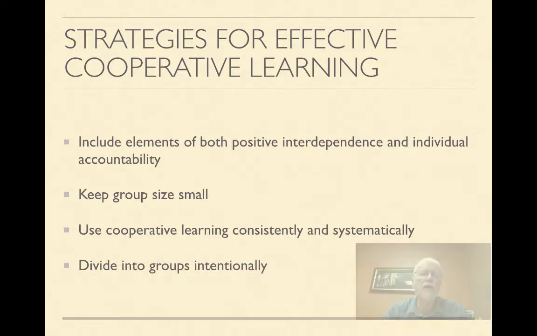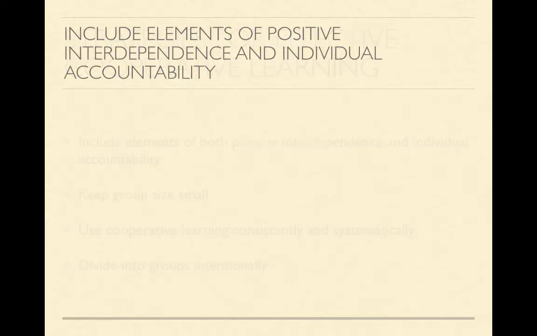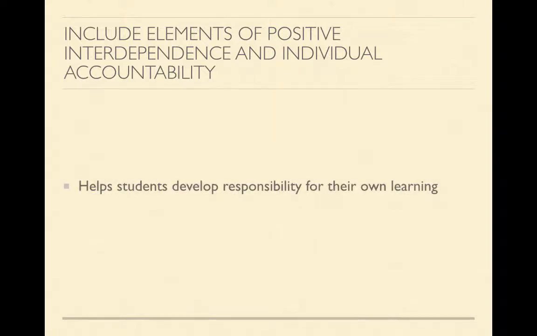Now let's break these down in a little more detail. First, you need to consciously include elements of positive interdependence and individual accountability when you do cooperative learning work. This has several important results. First, it helps students develop responsibility for their own learning.